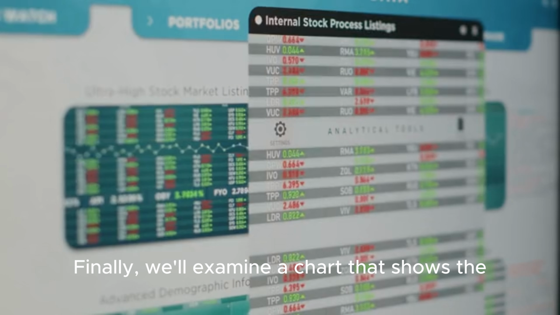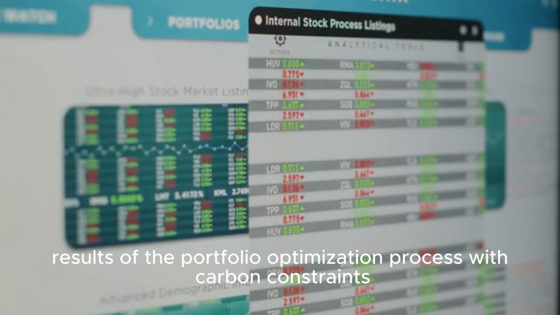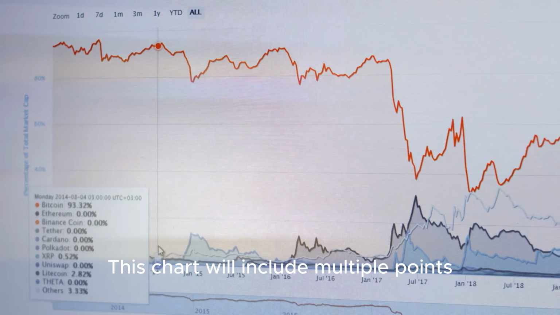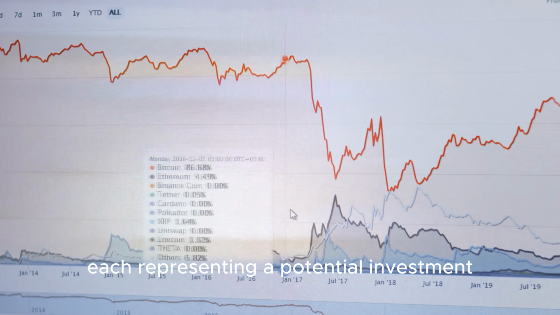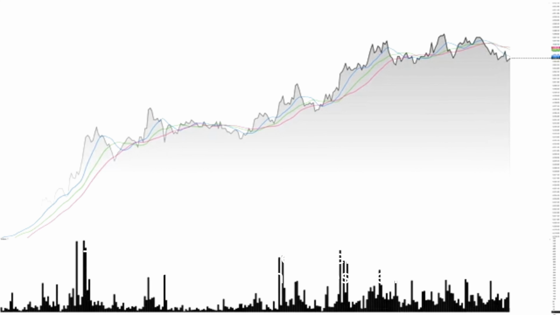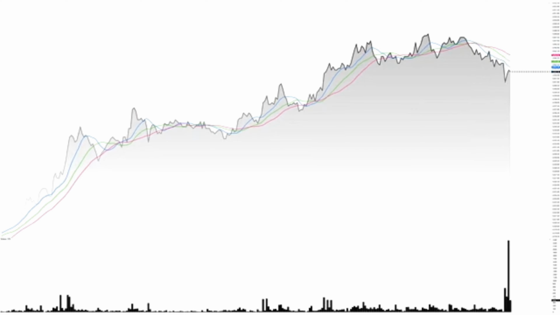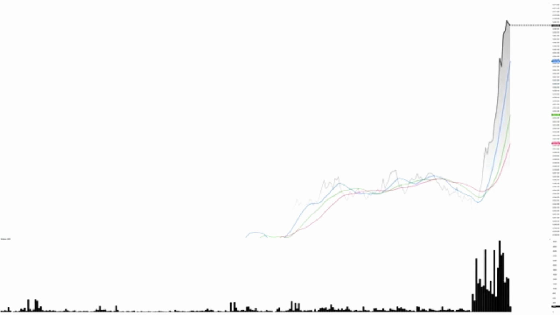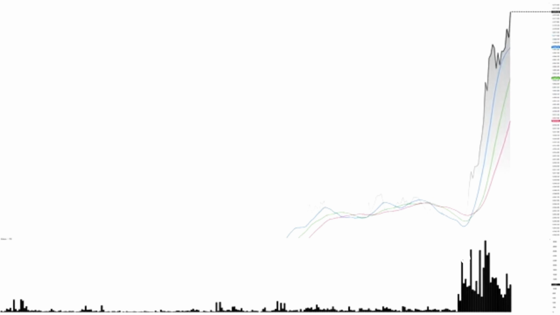Finally, we'll examine a chart that shows the results of the portfolio optimization process with carbon constraints. This chart will include multiple points, each representing a potential investment. The x-axis will likely represent the carbon intensity of the investment, and the y-axis will show the return on the investment.